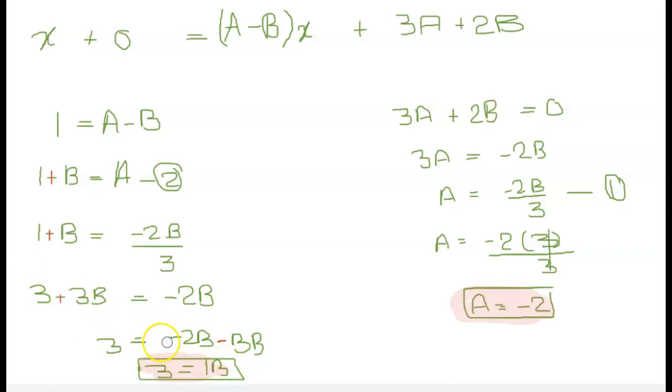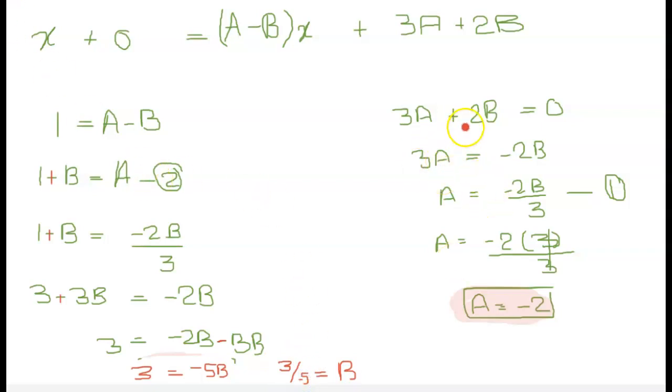So that will change the whole thing. So that will be a minus 5b. Thank you for pointing it out. So minus 5b equals 3. So b is supposed to be 3 over minus 5.